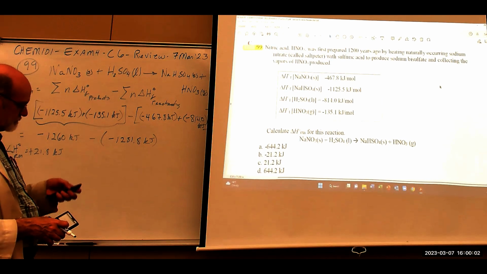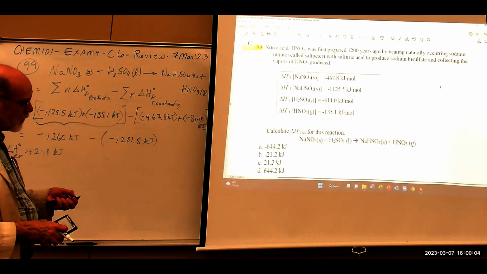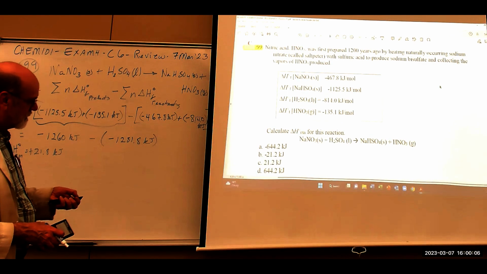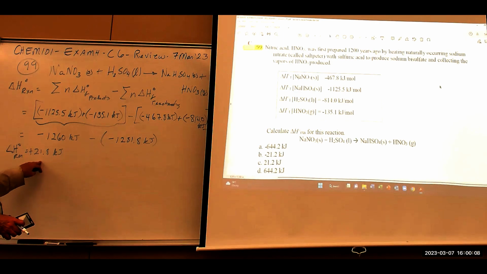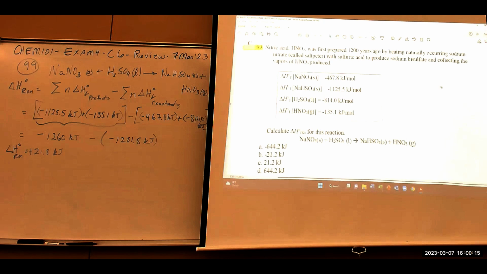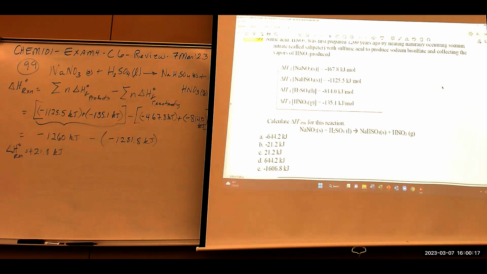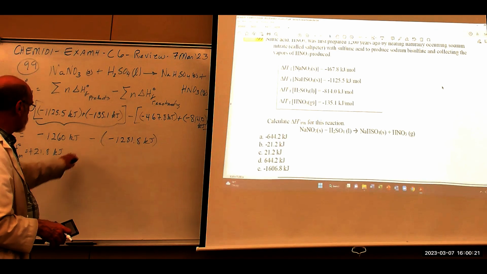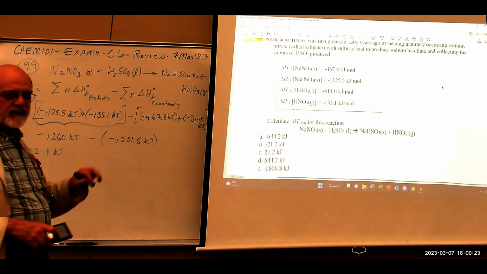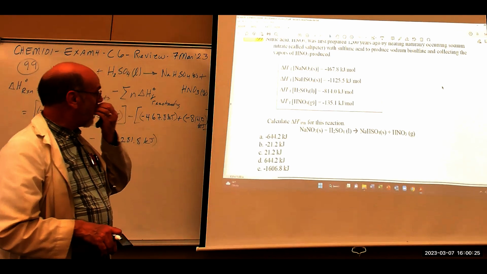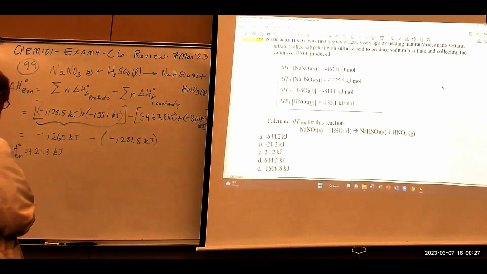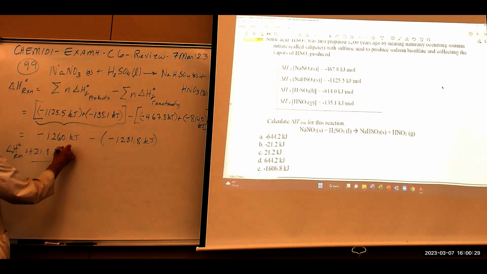Okay, I was close. 21.2 is the best answer. It's closest to 21.8. And E does not say none of the above, I don't believe. Right. Okay. So in this case, we have to pick the best answer. I could have made a calculation error here. Could be a rounding error. But this is the best answer.